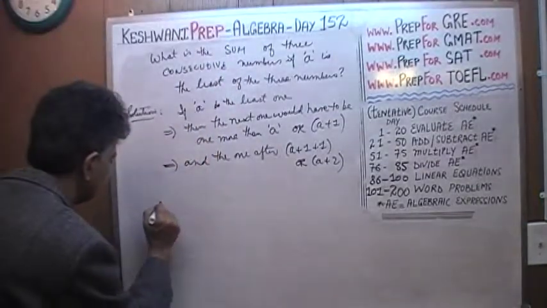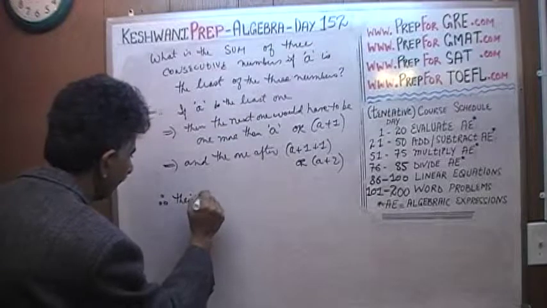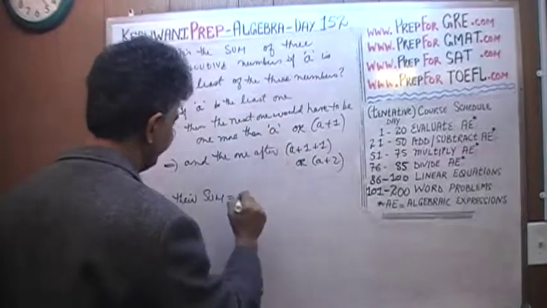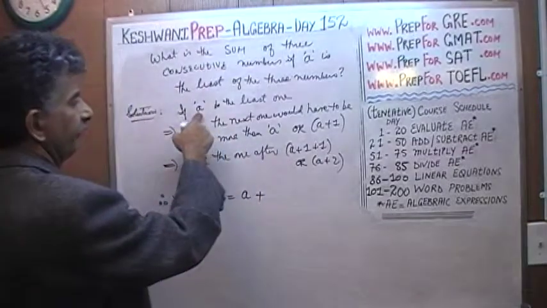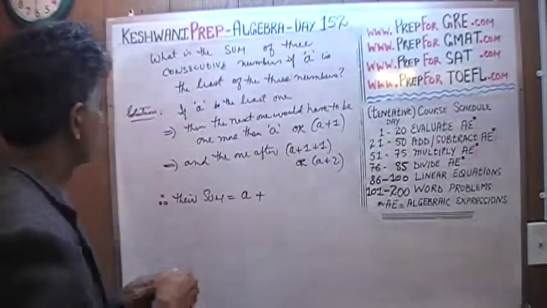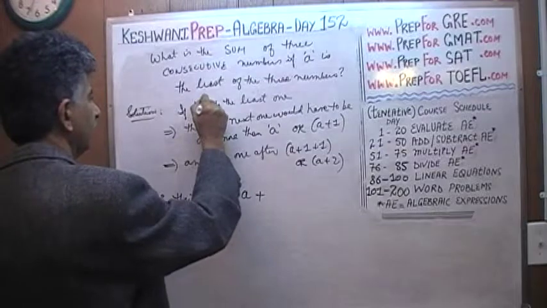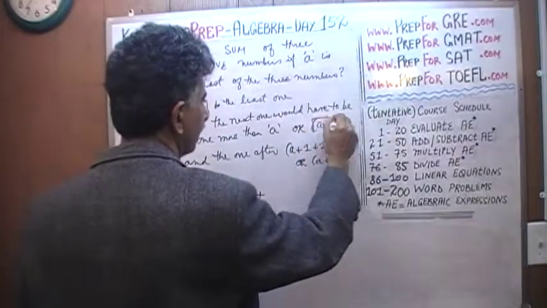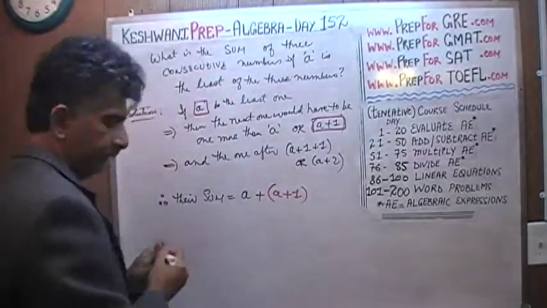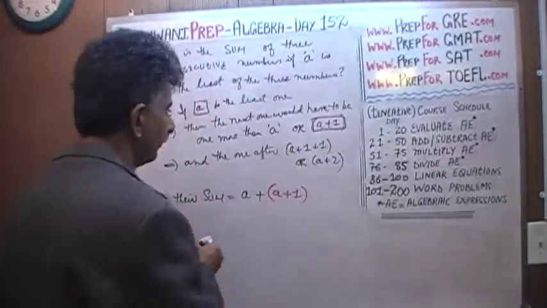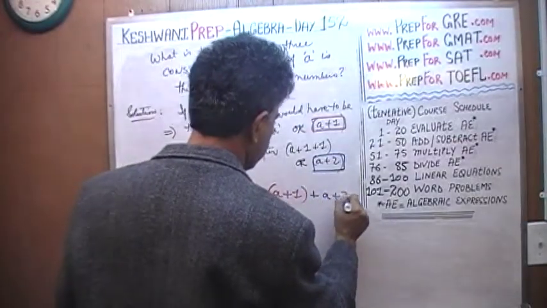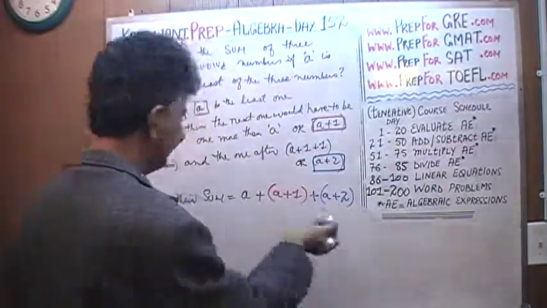Therefore their sum would have to equal the first one, which is A, the least of them, the next one, which is one more than that, A plus 1, and the greatest one, which comes last among the three, A plus 2. That's all. That's their sum.